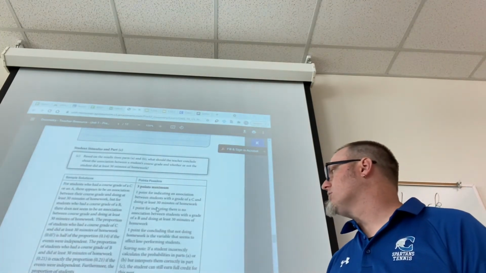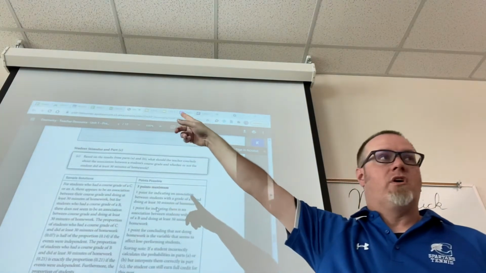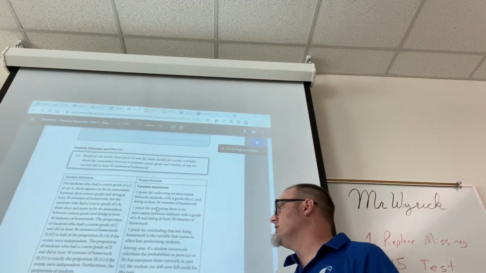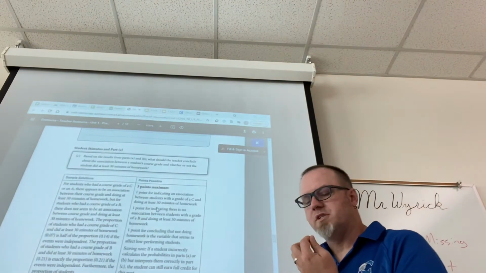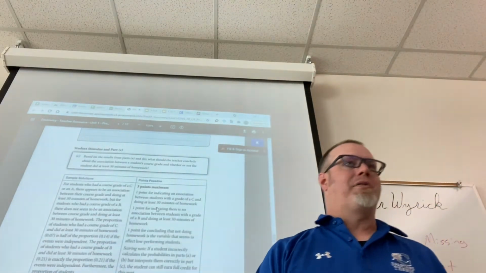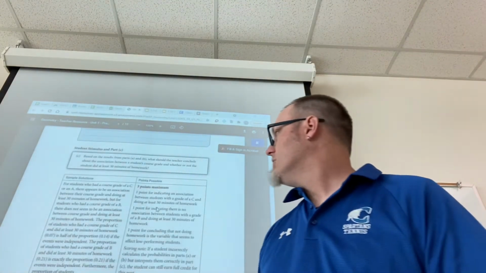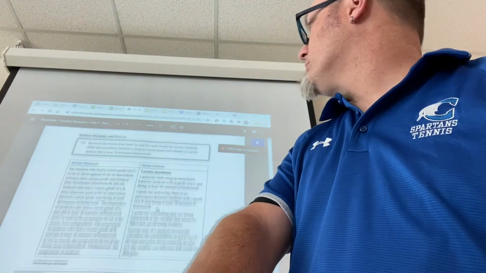If you incorrectly calculate the probabilities on the other ones, but still come to this same conclusion, you can still get points for this one, which is always interesting about College Board. If you do a wrong bit of math early on, but you use that and do something else correctly later, you can still get full or partial credit sometimes.